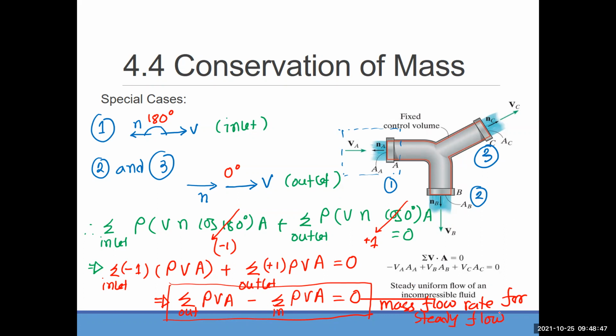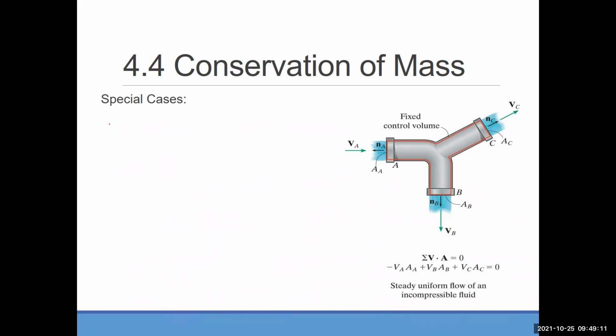We have one special case, but I don't think we have time. But what I will write down here, can you check the very first part of this lecture and tell me what rho VA means? Is there any specific term we can use for rho VA? I'm just writing down the same line here, rho VA outlet minus rho VA inlet.